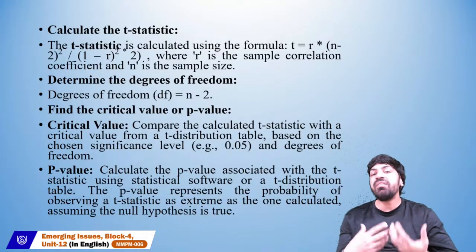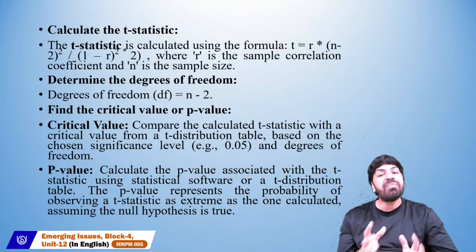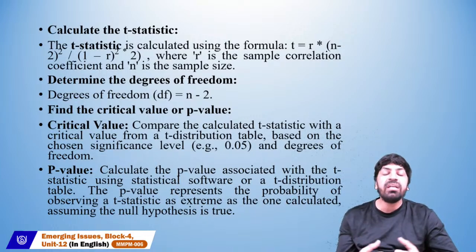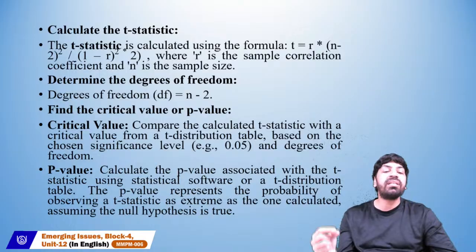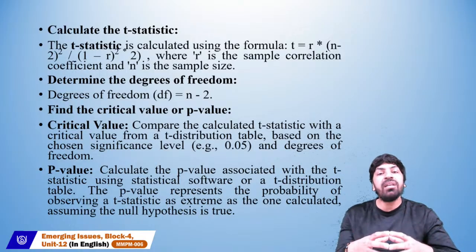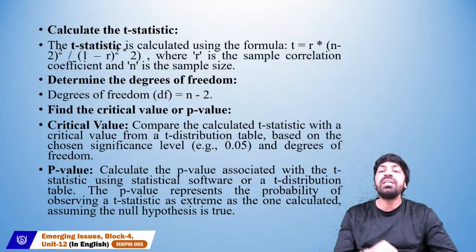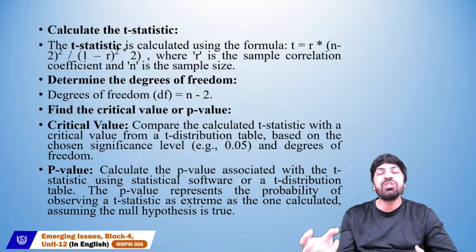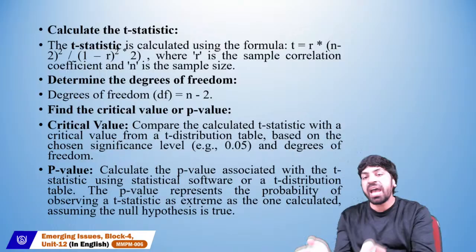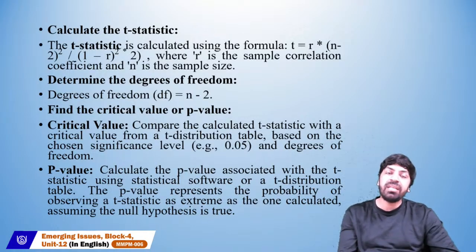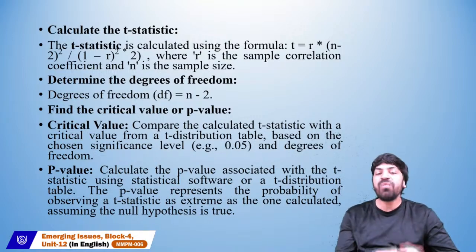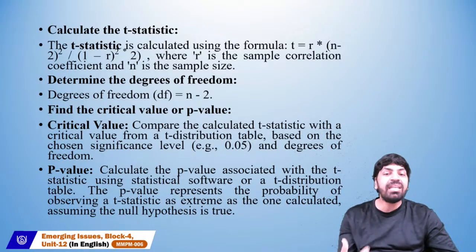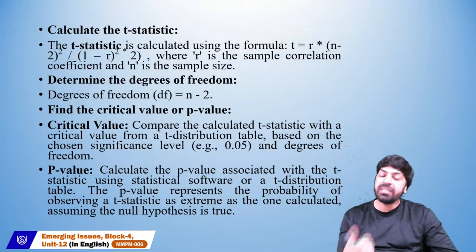The p-value represents the probability of observing a t statistic value as extreme as the one calculated, assuming that the null hypothesis is true. If the p-value is less than 0.05, the alpha value, then the null hypothesis will be rejected. This is how we can conclude the results based on the calculated value and the table value.